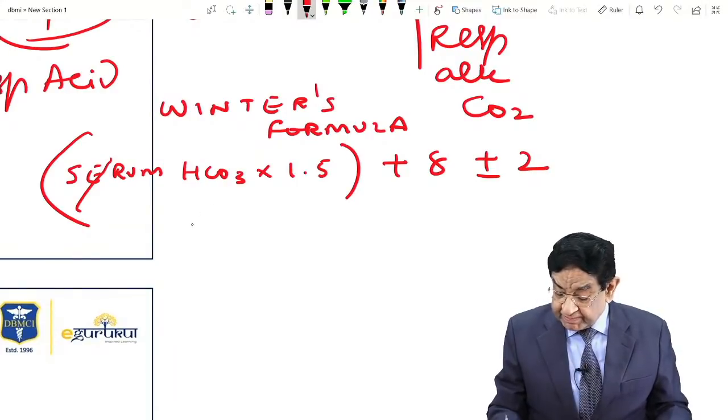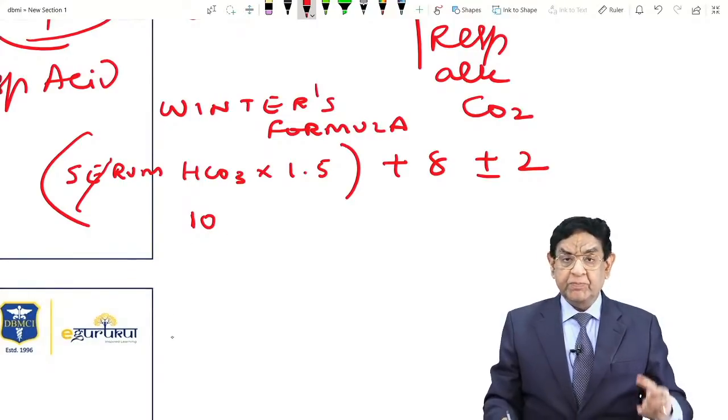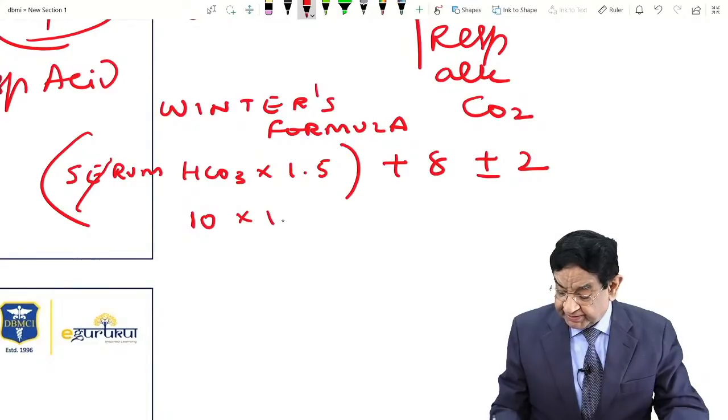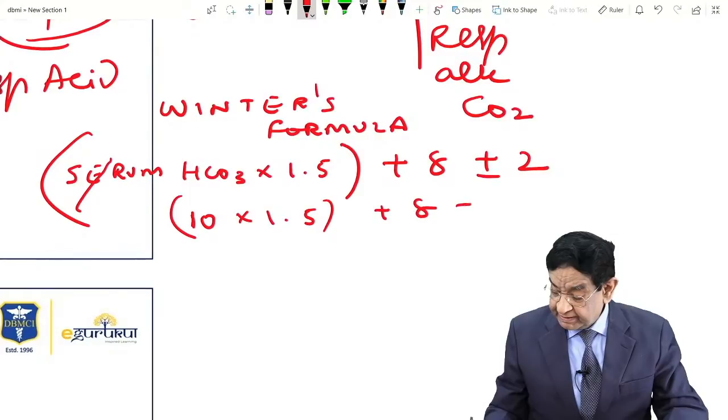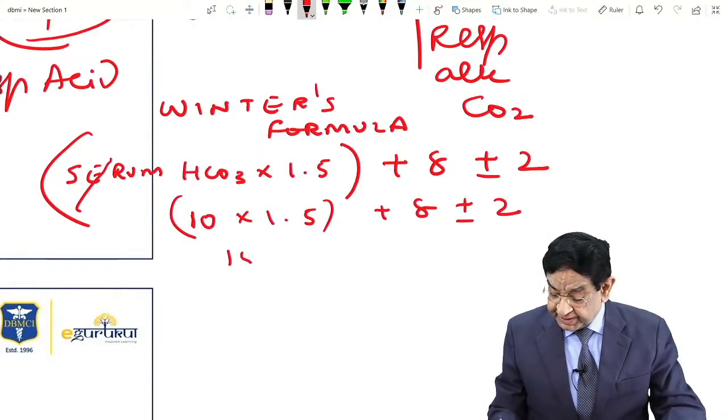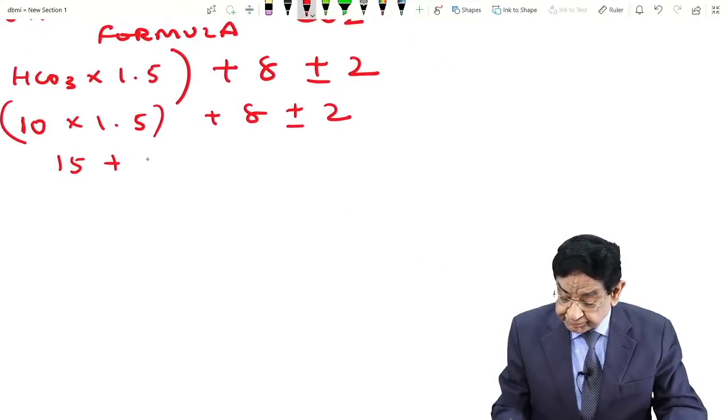Suppose the bicarb level is 10. Then how much CO2 should be there to compensate? 10 times 1.5 is 15, plus 8, plus or minus 2.